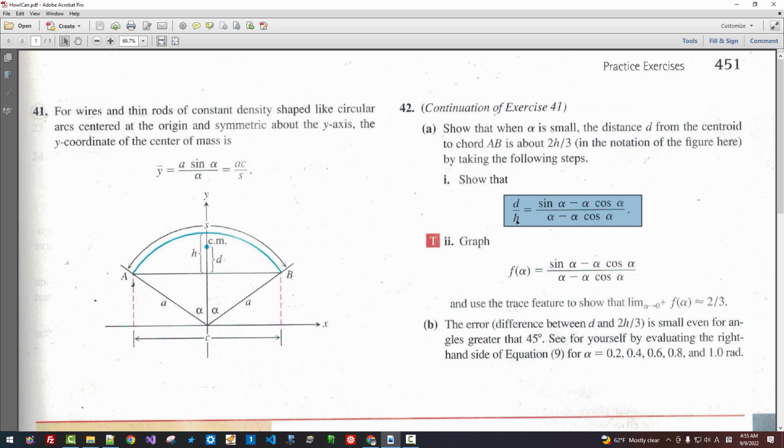Solving this equation is very simple. The real problem is this part: when alpha, the angle, approaches 0, this function approaches 2/3.